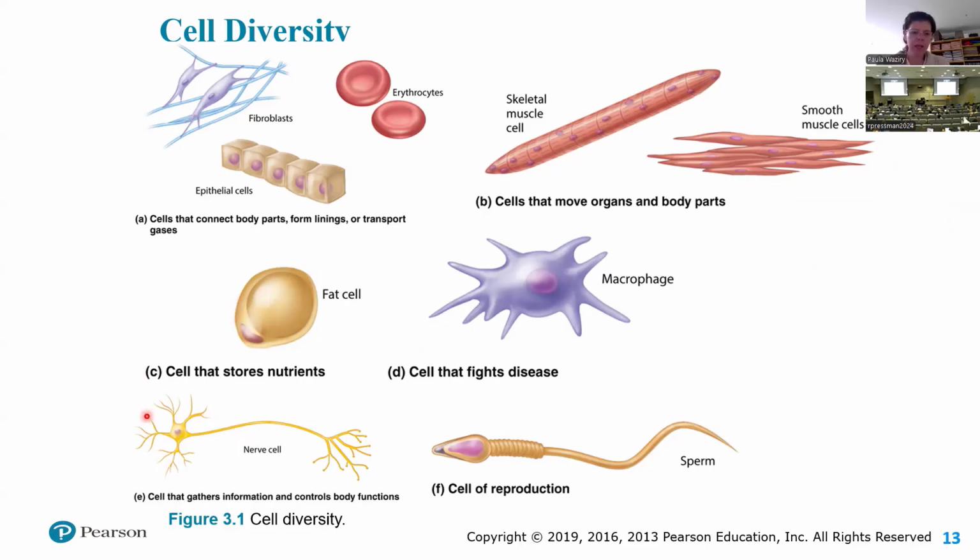Okay. And here is a very typical neuron. So this is a neuron, okay, for the nervous system. And this guy here is not a somatic cell. This is a germ cell. So here is your sperm. It's the only cell in the human body that has a flagellum.